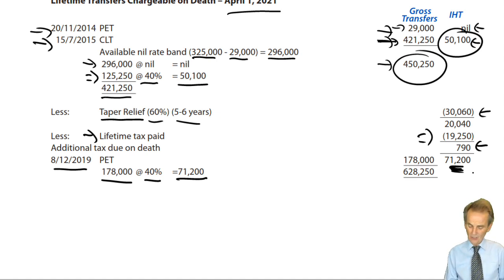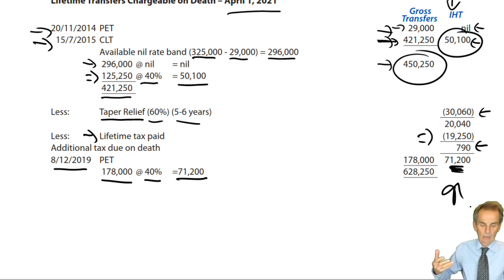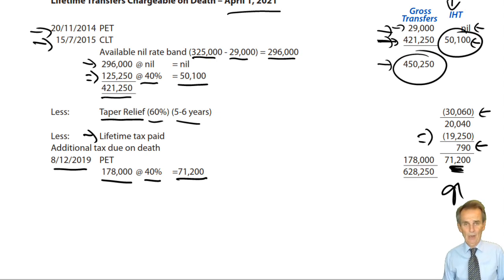The donee. Don't add down any total here in this IHT column, unless a question, and it's very unlikely that it would specifically ask you to do that, to calculate it, because those are separate liabilities. Whoever benefited from that first PET, I think it was the son, paid no tax on the £29,000 chargeable figure.